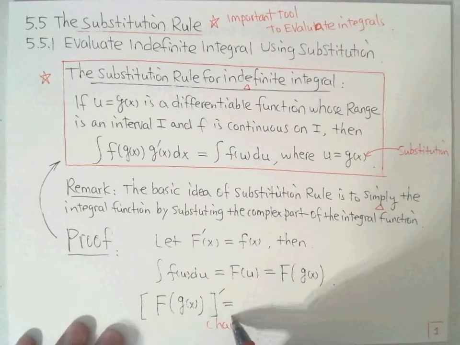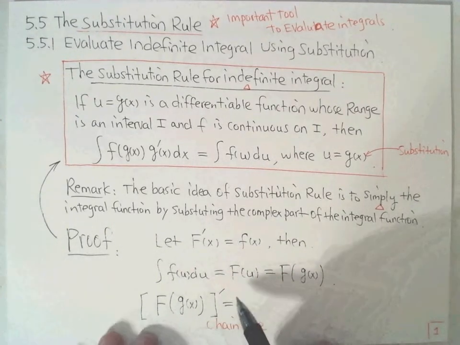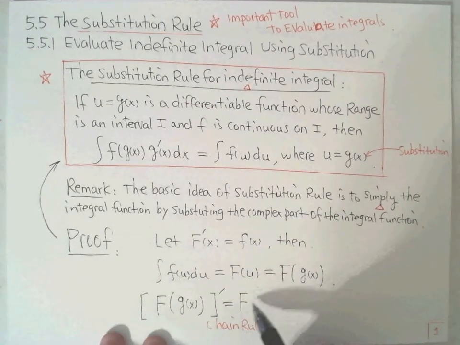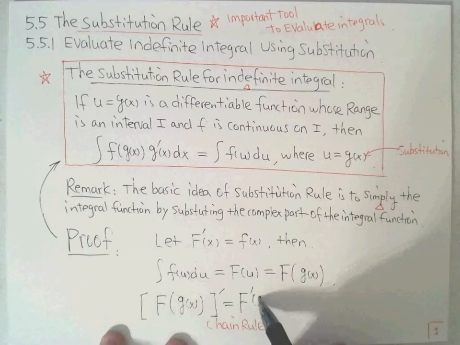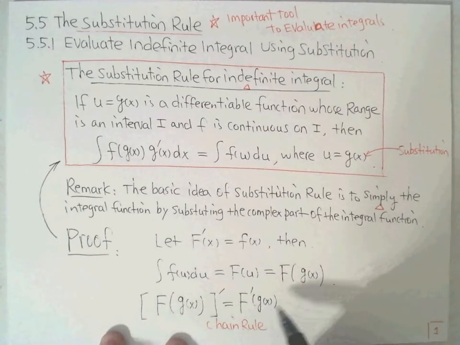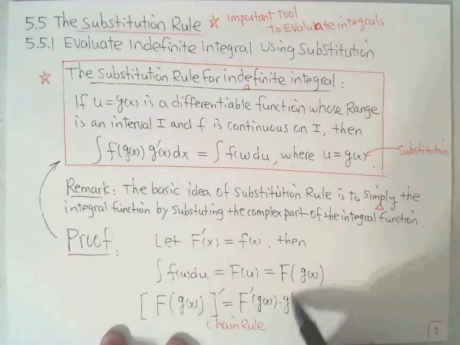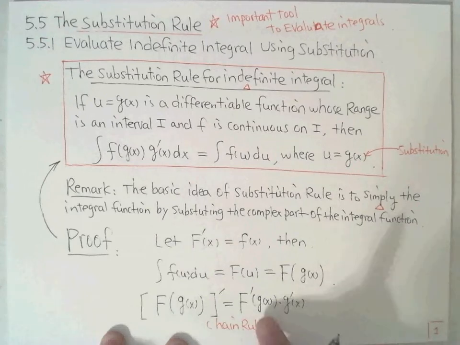To find the derivative of the composite, the derivative of the outer function at g(x), times the derivative of the inner function g(x).